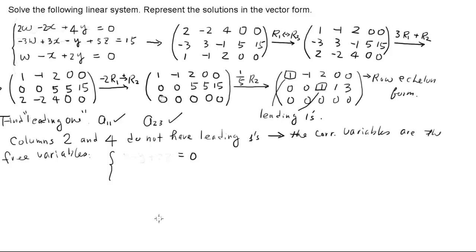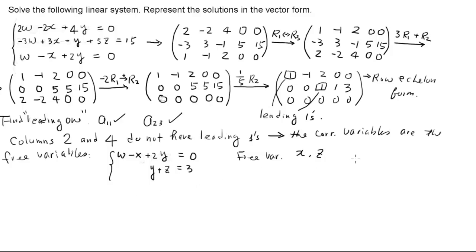So what we have is w minus x plus 2y is equal to 0. And then we have y plus z is equal to 3. And we have free variables over here: x and z.